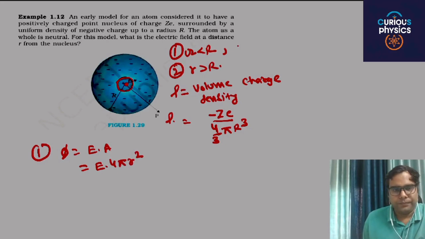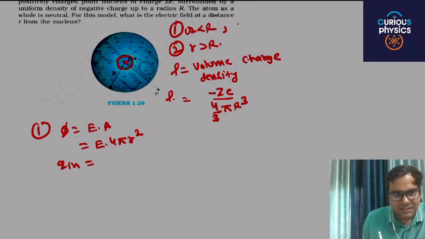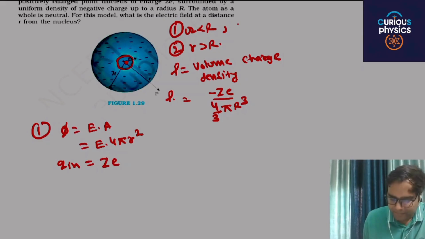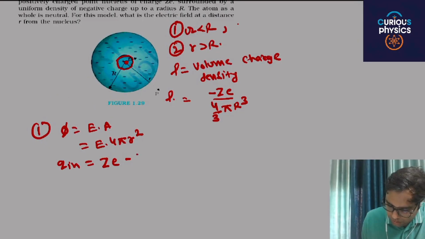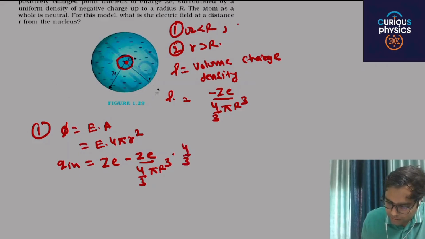This is the electric flux, E into A. Then Q in: Ze is at the center, so net positive is Ze, then minus rho into volume, which is the charge density into the volume of this small sphere, 4 by 3 pi r cube.